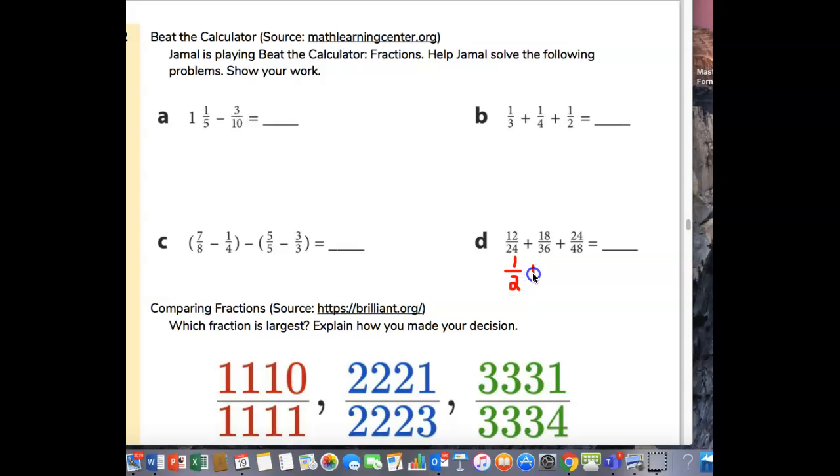And then what's half of 36? Half of 36. Half we divide by 2. How many 2's are in 16? 18. So half of 36 is also 1/2.